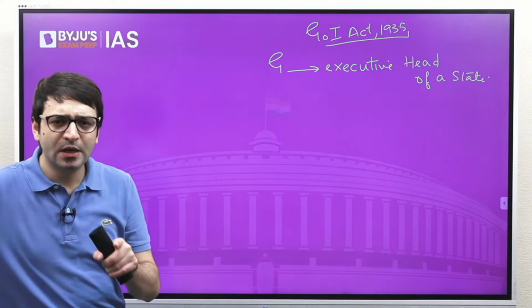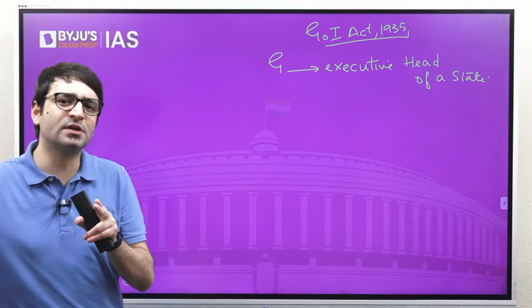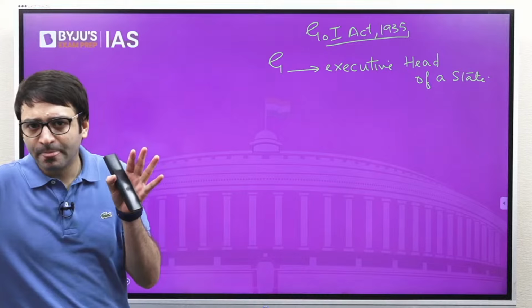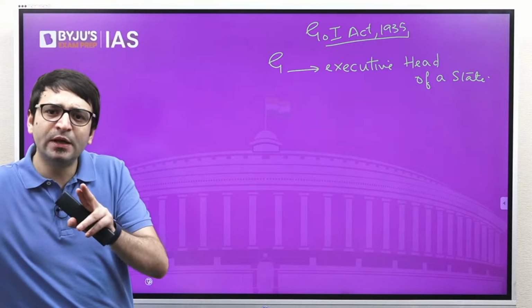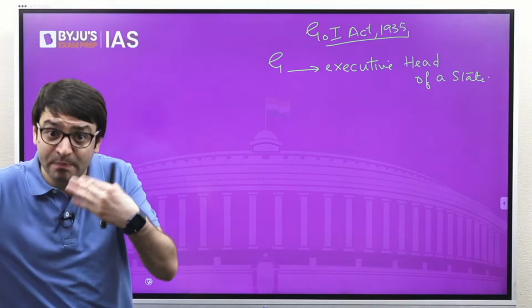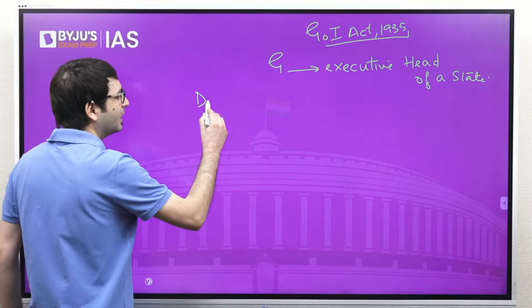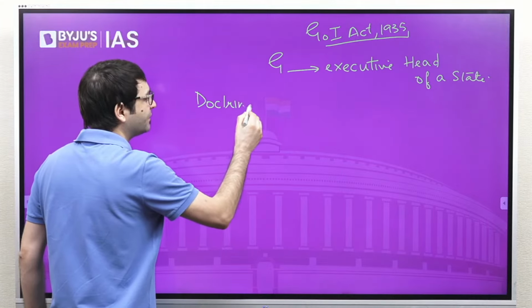But for the prelims, the Constitution only says that the governor shall be appointed by the president. And the governor normally holds the office for 5 years, which is mentioned in the Constitution. But the governor holds office during the pleasure of the president.